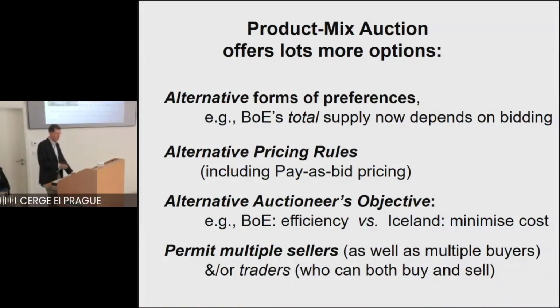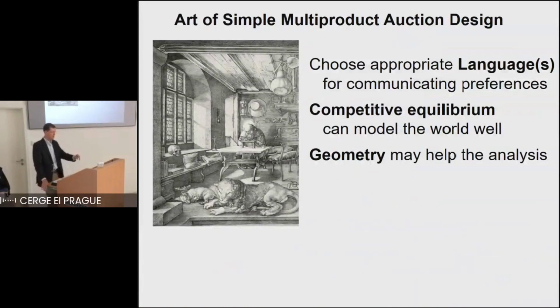My more general conclusions are from my art. First of all, St. Jerome, think about language. Think about the appropriate language for communicating preferences. Competitive equilibrium is much easier to work with in many settings than Nash equilibrium. And I mean this in auction design more generally.